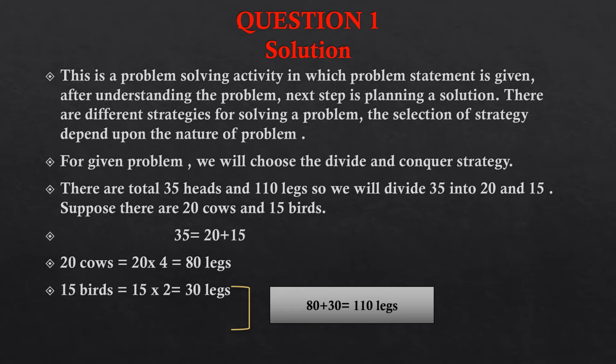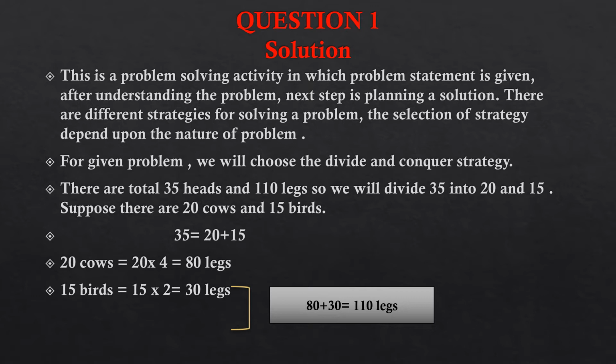As we have read the question, there are total 35 heads and 110 legs. So we will divide 35 into 20 and 15 apart. Suppose there are 20 cows and 15 birds. So 35 equals 20 plus 15. Each cow has 4 legs, so 20 multiplied by 4 equals 80 legs.